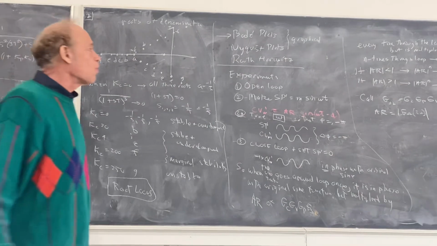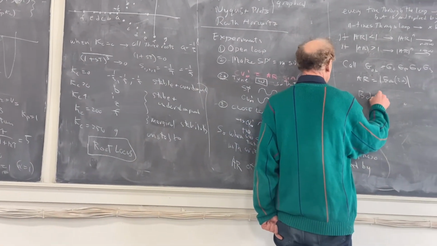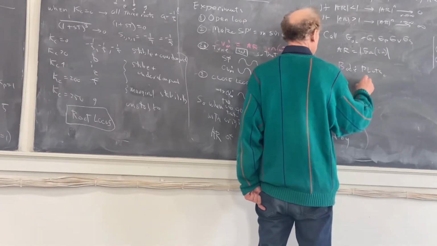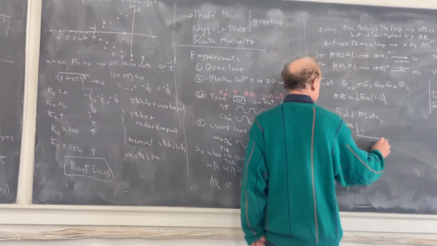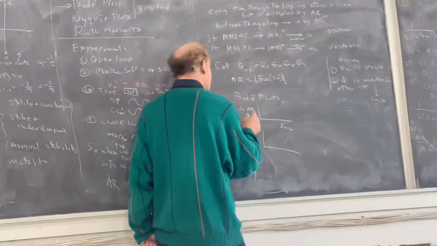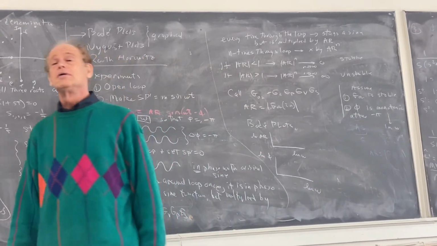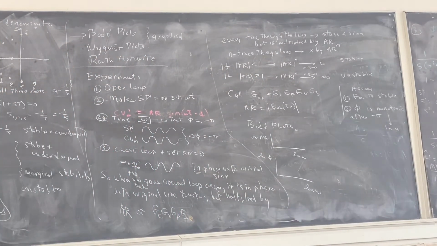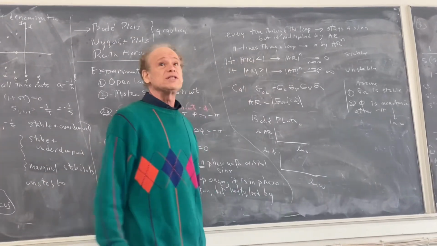And now you see why earlier in the semester we did the Bode plots. If you remember the Bode plots, we plotted the log of the amplitude ratio versus the log of omega, and the log of phi versus the log of omega. What's going on here?